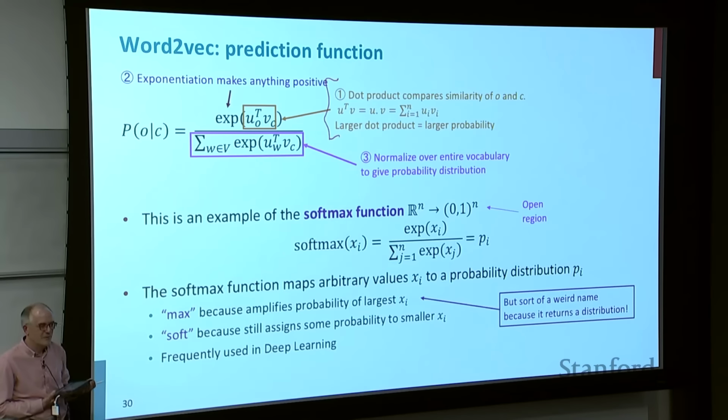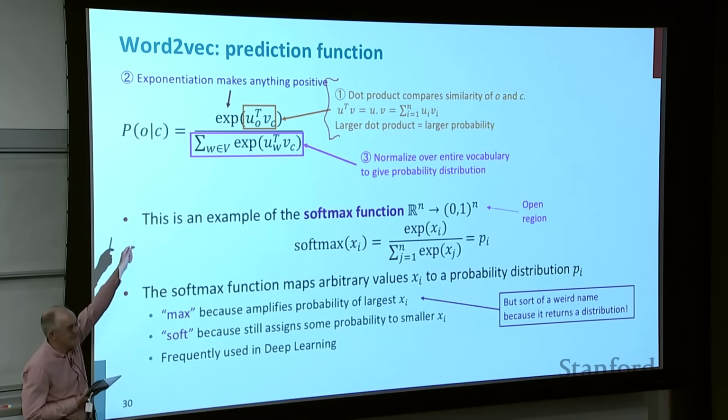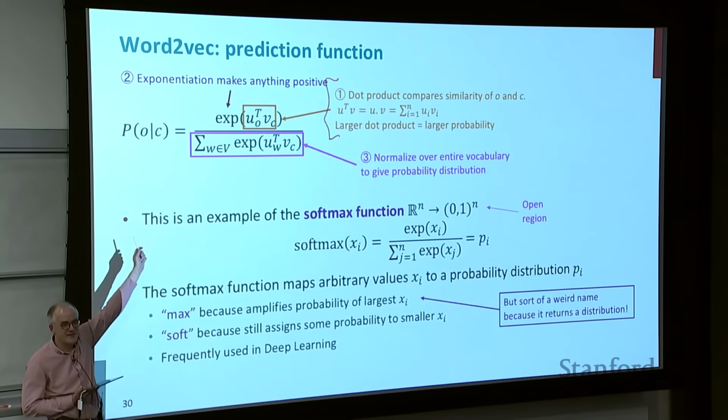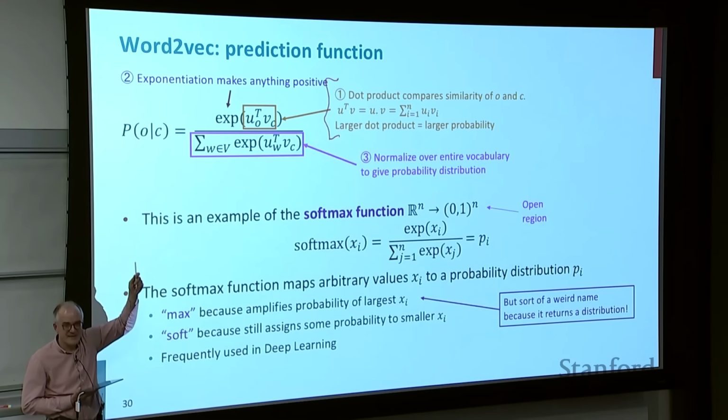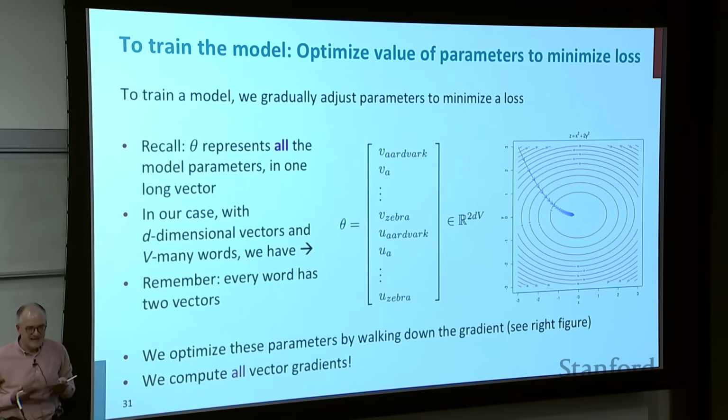So literally what we're going to do is start off with random vectors for every word, and then we want to fiddle those vectors so that the calculated probabilities of words in a context go up. And we're going to keep fiddling until they stop going up anymore, and we're getting the highest probability estimates that we can. And the way that we do that fiddling is we use calculus.